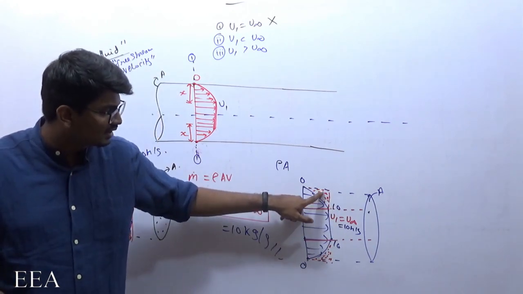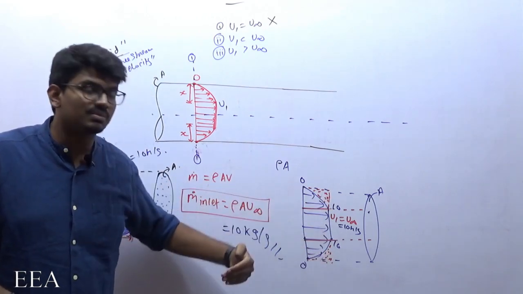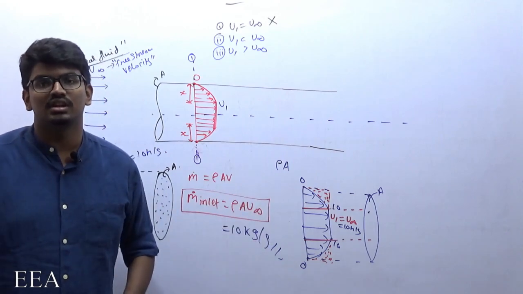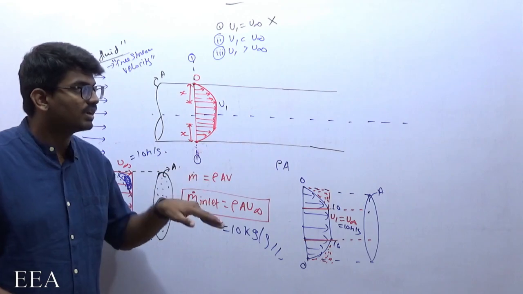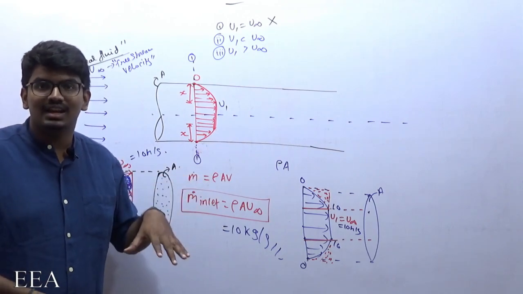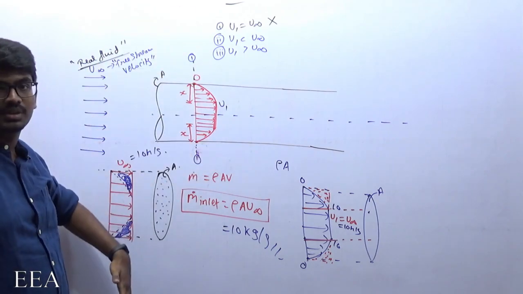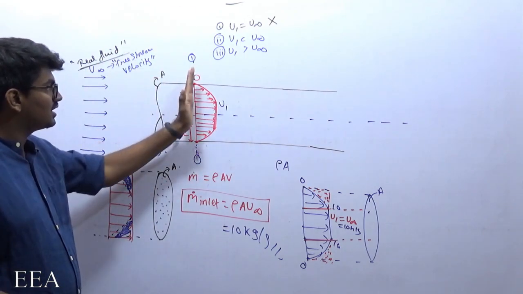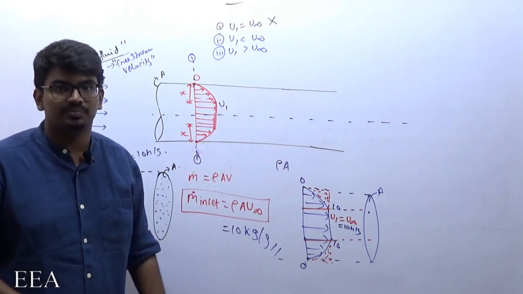This much amount of velocity is reducing, which means that much amount of corresponding mass is also going to reduce. This is not applicable for an external flow. Since it is an internal flow, there is no possibility for a fluid to escape upside or downside. So if 10 kg enters here, the same 10 kg should pass through this, and the same 10 kg should pass through this also.